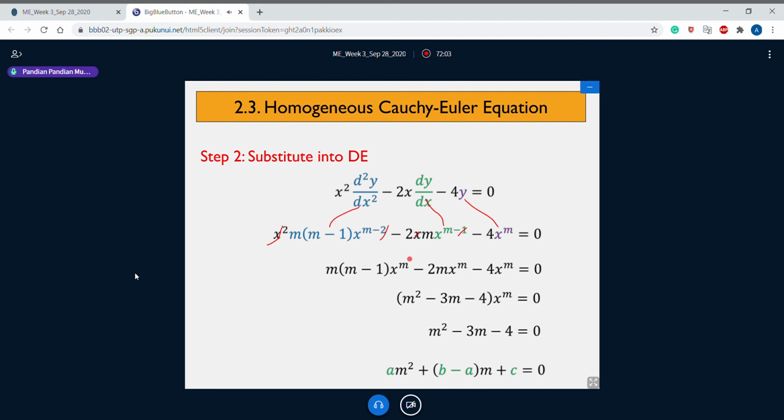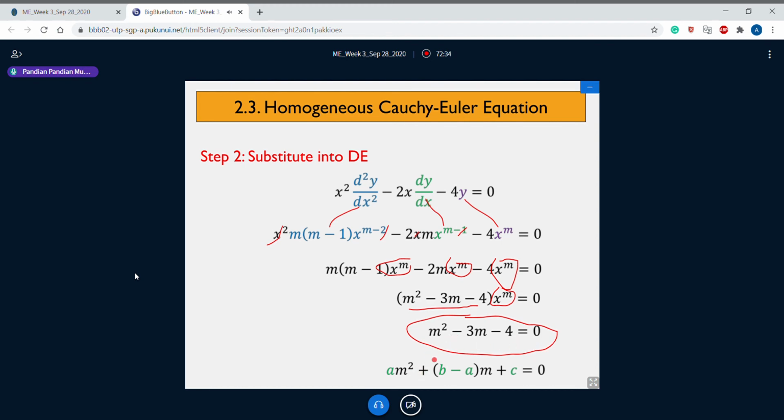Now you can take out this x^m, because these are the same term. So you take it out and factorize: m(m-1) minus 2m minus 4, and this must equal 0, because x^m cannot be 0, since x^m is the solution. So therefore, these terms must be equal to 0.